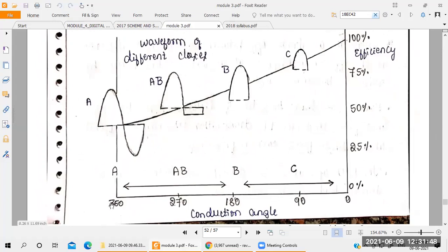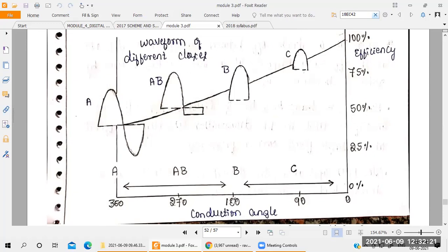See here, for the class A power amplifier, it takes a 360-degree cycle, meaning we get a full conduction cycle. What is the efficiency here? Near 25%. Then 270 conduction angle for the class AB, because it is greater than 180 and less than 360, so 270. What is the efficiency now? 50%. So 25 to 50%.